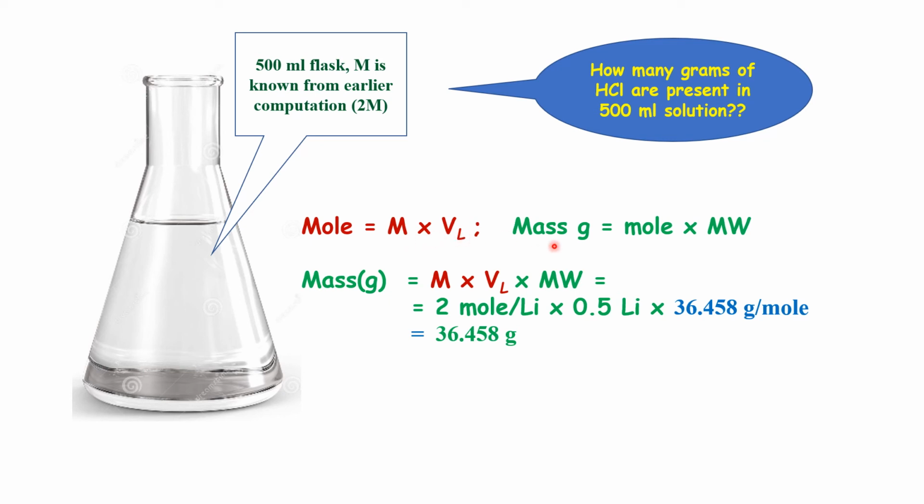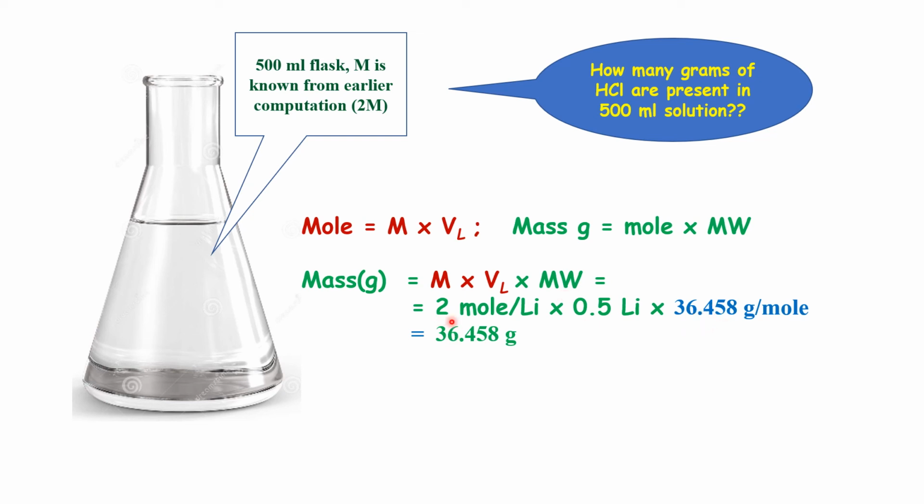Now, mass is mole times molecular weight. So if I want to get the mass of HCl in this 500 ml solution, I will multiply molarity, kasi alam na natin yung molarity kanina, volume in liter, and molecular weight, which is 36.458.